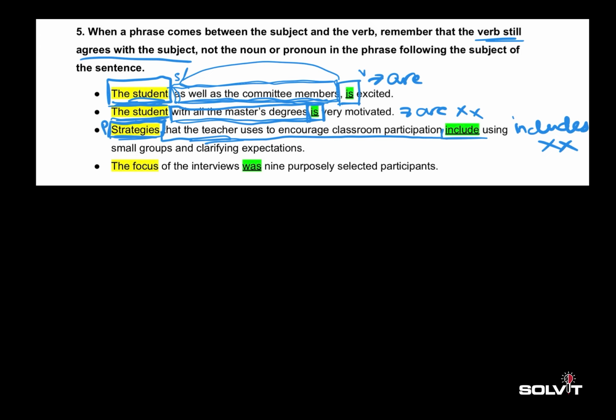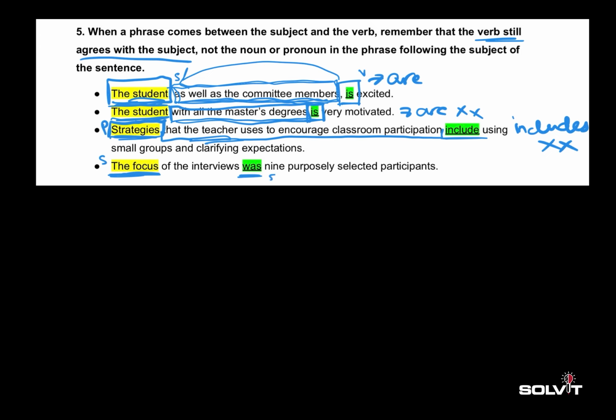Okay, the last sentence is: the focus of the interviews was 9 purposely selected participants. Now our subject is the focus, which is singular, and our verb is was, which is also singular.